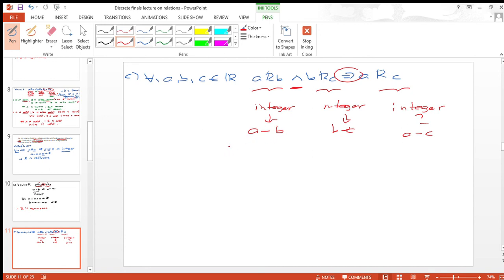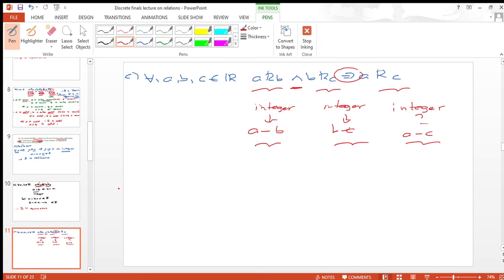By closure property, A minus B is an integer and B minus C is also an integer. That should tell us that A minus C is also an integer.